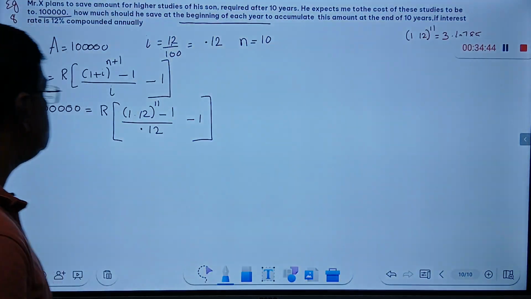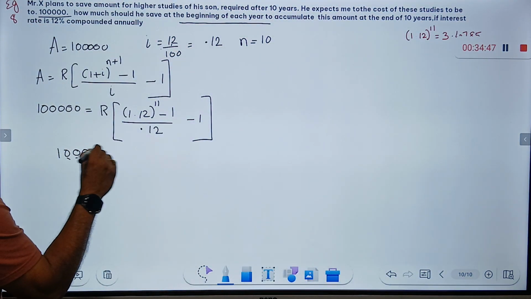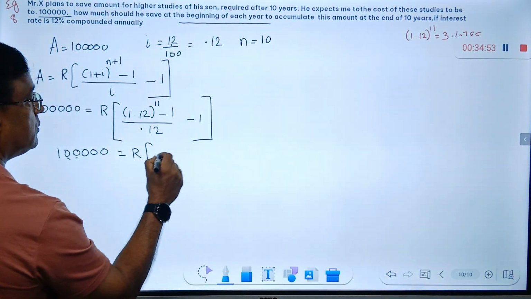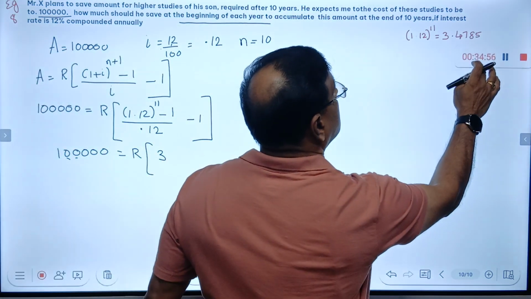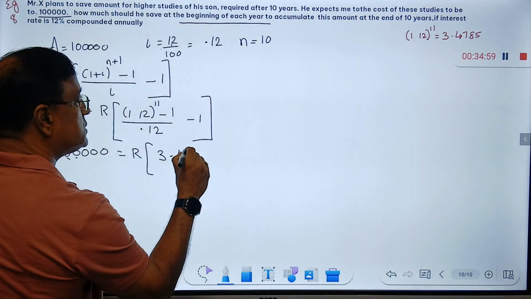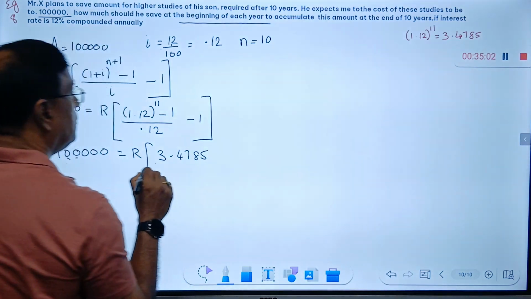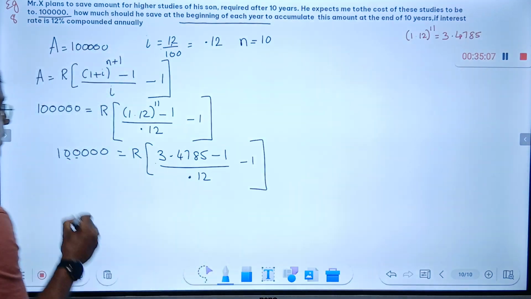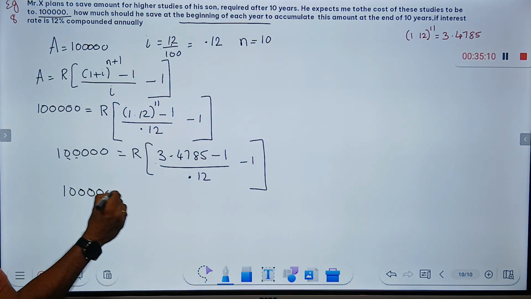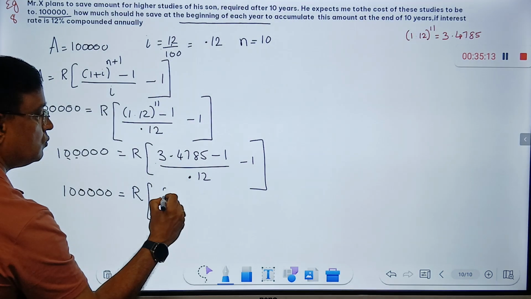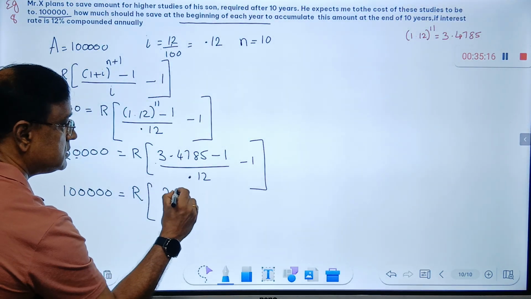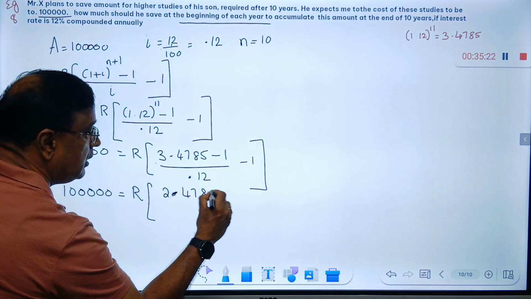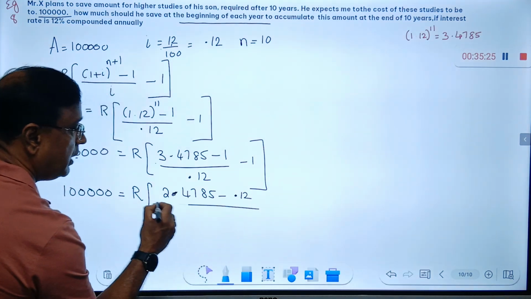Okay. So now what happens? This is 1 lakh equal to R into, what is 1.12 power 11? It is 3.4785, minus 1 by 0.12, minus 1. This is 1 lakh equal to R into 2.4785 minus 0.12 by 0.12.